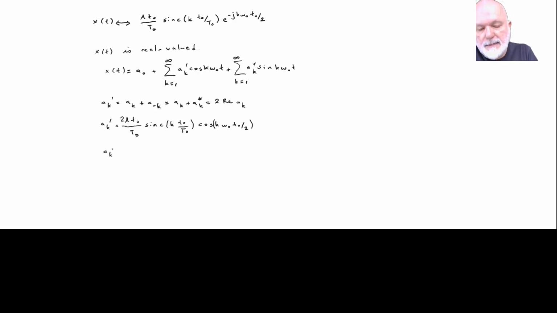And similarly ak double prime is equal to, remember the general expression, j times ak minus a minus k, or j times ak minus ak conjugate, which is j times j 2 imaginary part of ak, which means minus 2 imaginary part of ak.